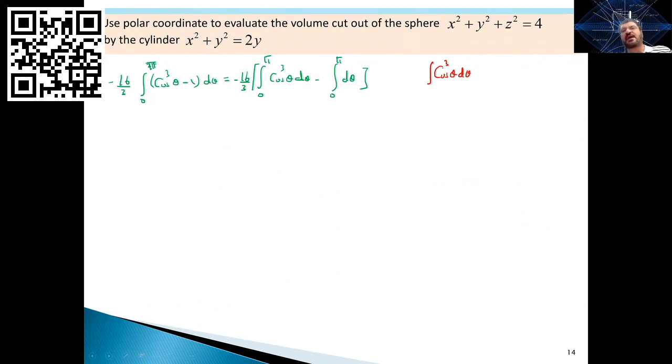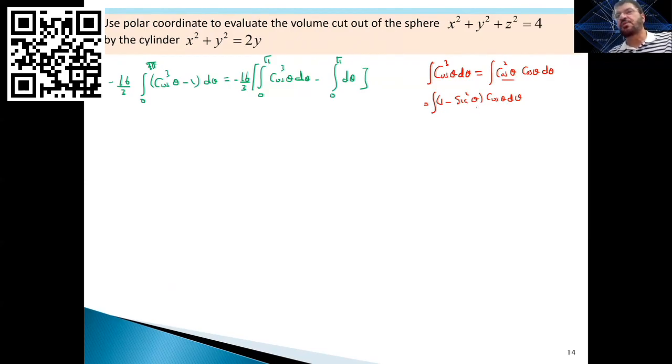If you remember from calculus 2, if you have cosine to an odd power, what do we do? We factor out one cosine, and you're left with cosine square theta, then cosine theta d theta. Then what do we do with this one? We change it to 1 minus sine square. So this is 1 minus sine square theta, then cosine theta d theta.